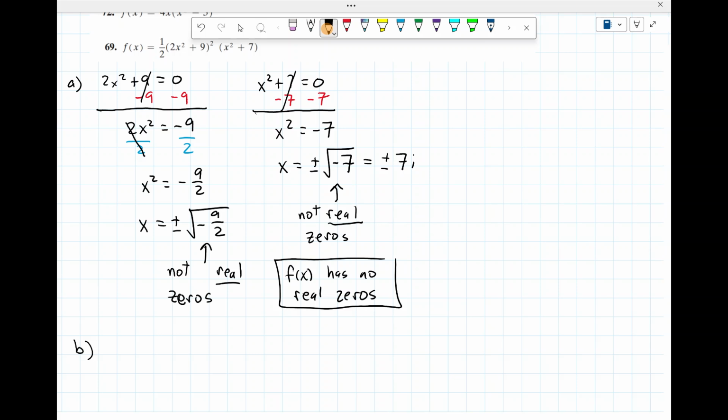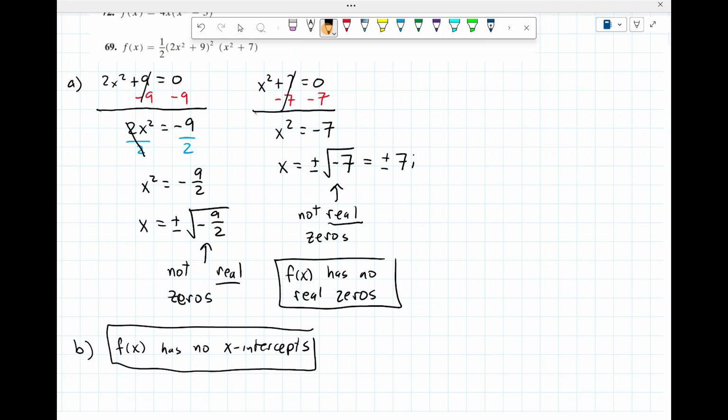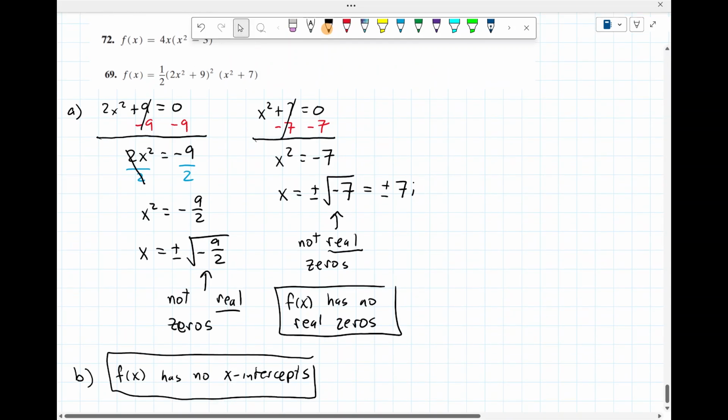It's saying at each x-intercept, does it cross or touch the x-axis? It's really none of the above because f of x has no x-intercepts. All right, so that's part A and part B.